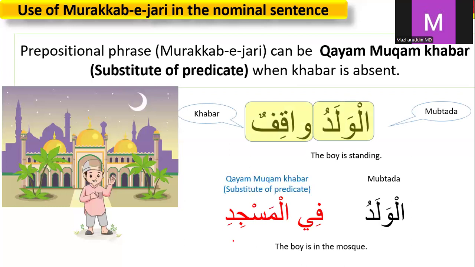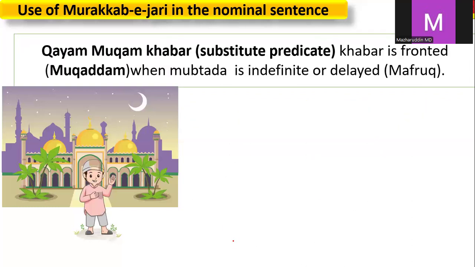So in the last lecture, we learned and you translated one paragraph by T. So there was one condition. What was that? Fihi, fiha. So qayam muqam khabar is fronted, that is muqaddam, when mubtada is indefinite or delayed.